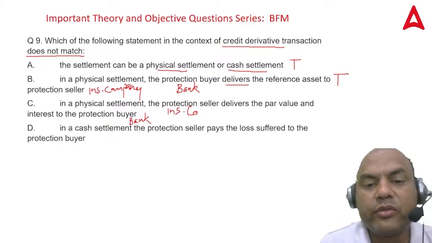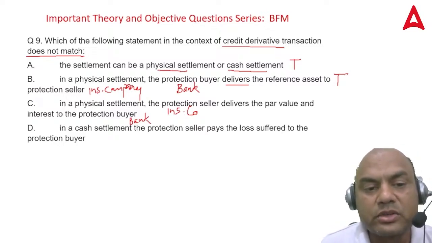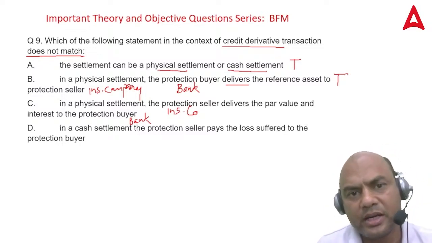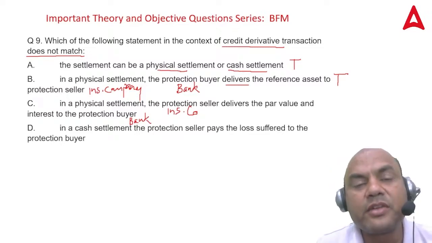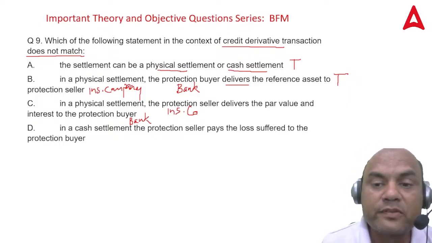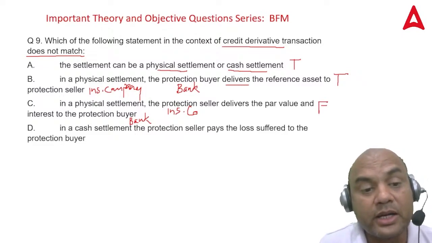Is it so? Will the insurance company deliver the par value and interest to the bank? Insurance company has nothing to do with all these, right? Insurance company will only come into the picture if there is a credit event, means there is some risk happening. So this is false, and we want the same one. But let's look at the last one also.